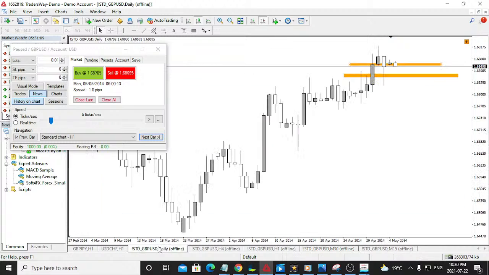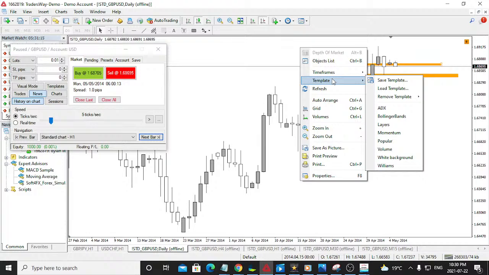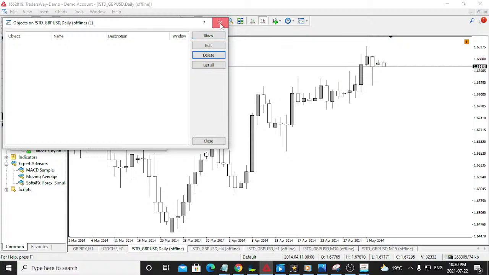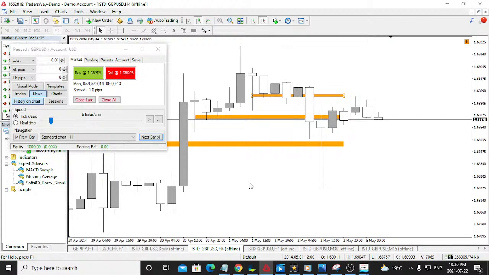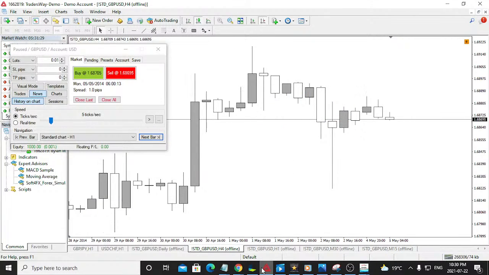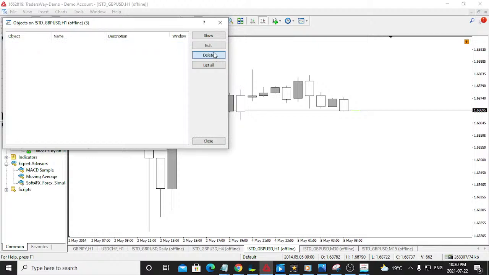All right, so let's see here. One of the first things we want to do is start fresh, to take off all the drawing tools. So I'm gonna Control B, delete, Control B, delete.